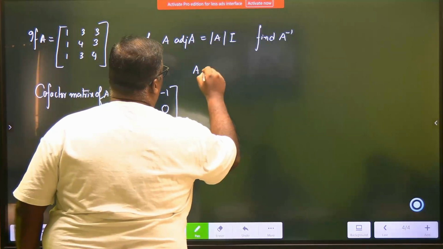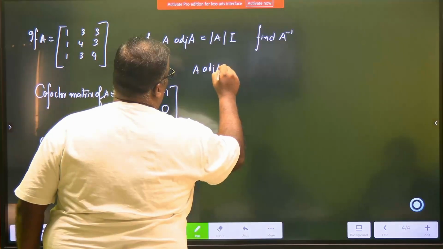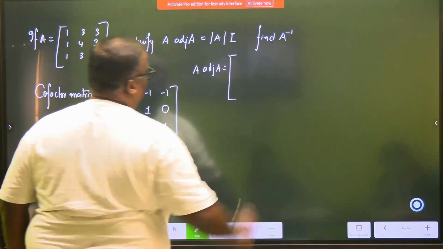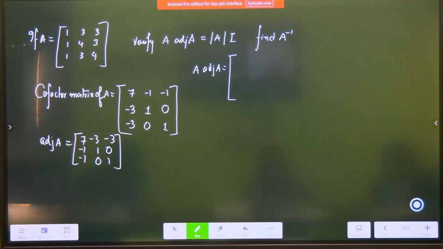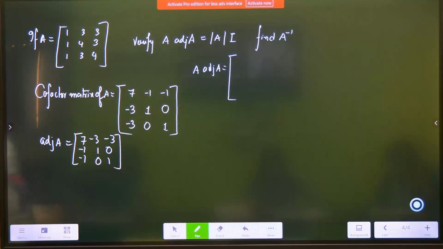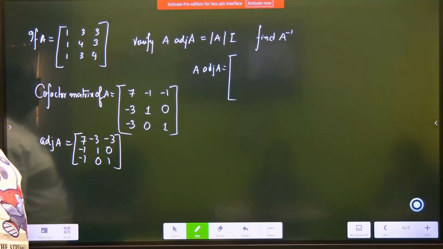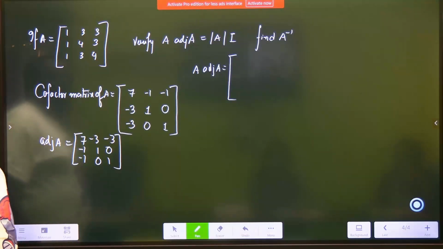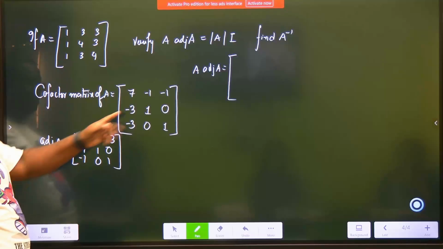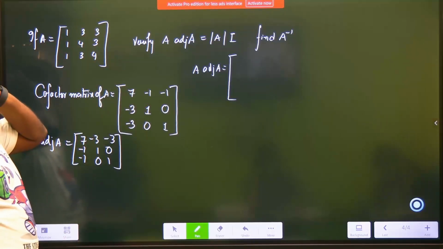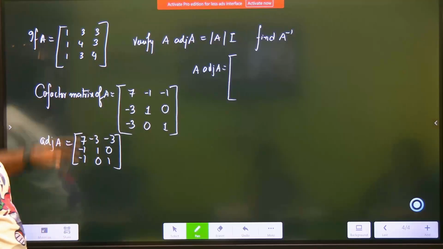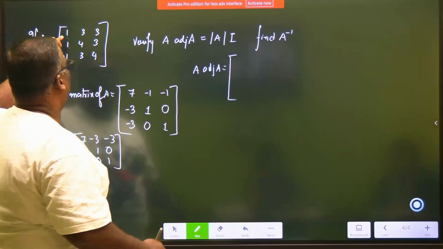A into adjoint of A. Fine? Till adjoint of A, are we fine? Okay. Now help me with A into adjoint of A. How will you multiply? This is A. Remember, this one doesn't come in the picture. You will be multiplying rows into columns. So let's try rows into columns.